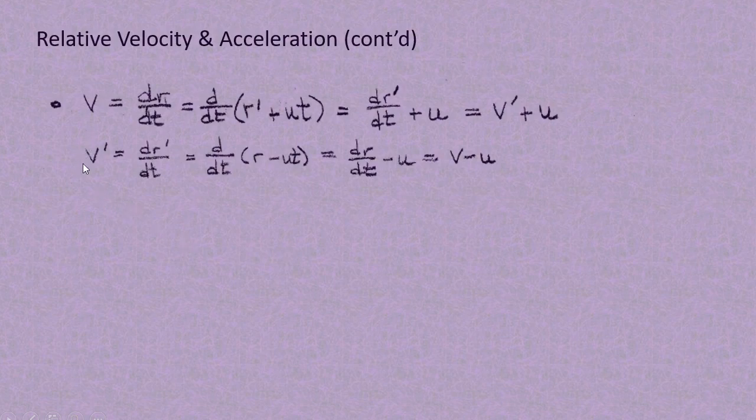Now we can do the same thing with an expression for v prime. So v prime, which is the particle's velocity from the moving reference frame, is equal to dr prime dt.